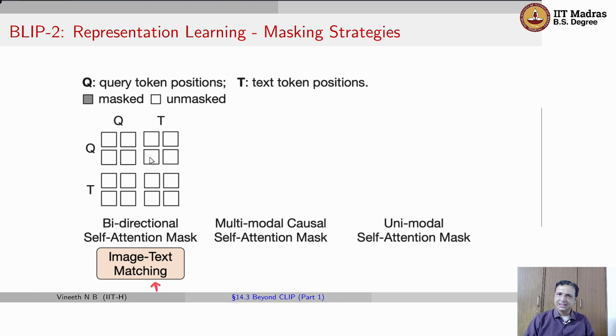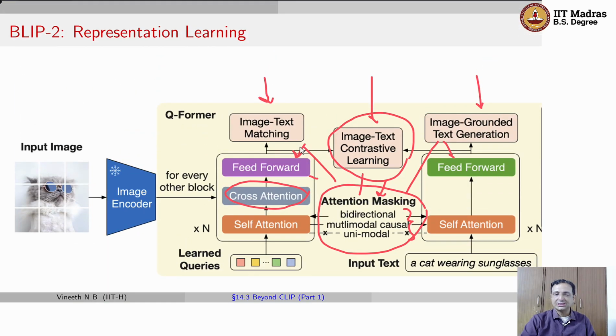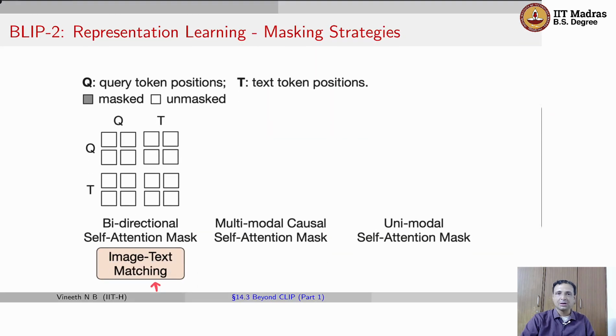Query tokens in this case stand for the images themselves. If you go back to the architecture, the query tokens in some sense become the output of the first transformer, which is image grounded because it also receives the input from the image. So you could say that the query tokens in this particular construct stand for the image, and in the bidirectional self-attention mask, there is complete matching of attention between the query tokens and the text tokens.